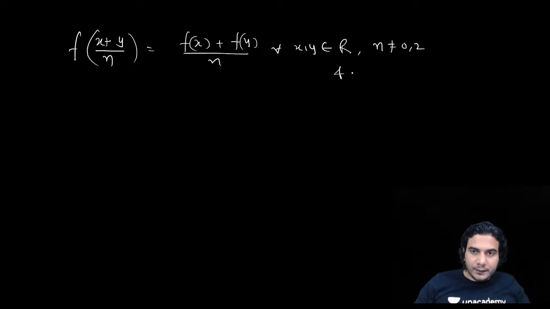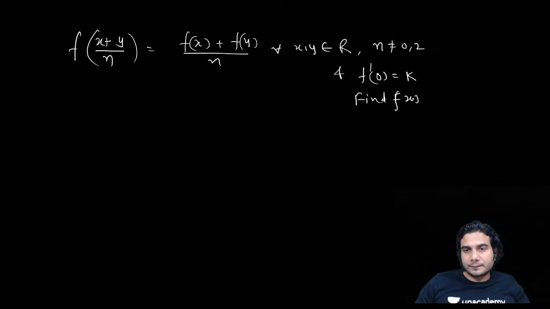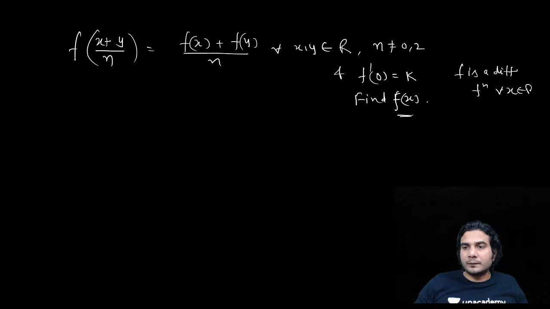If f dash of 0 is equal to k, a finite quantity, then find f of x. And f is a differentiable function. Okay, f dash 0 is given, f is a differentiable function. Now solve it.